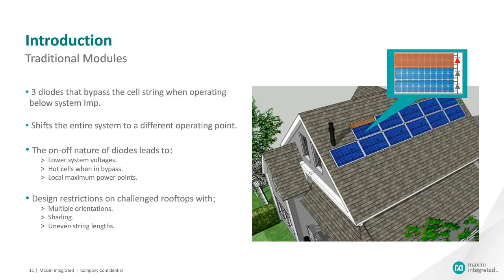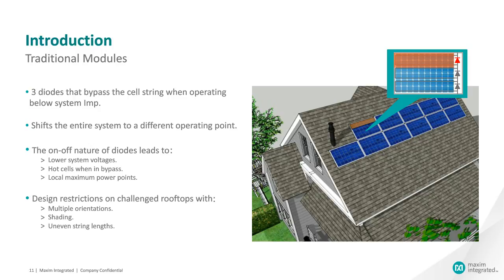What happens when you shade a cell in one of those cell strings, whether it's from an object or from soiling or from far shade like a tree, is that the diode cuts in when the current available from that string drops below the IMP current of the PV string.